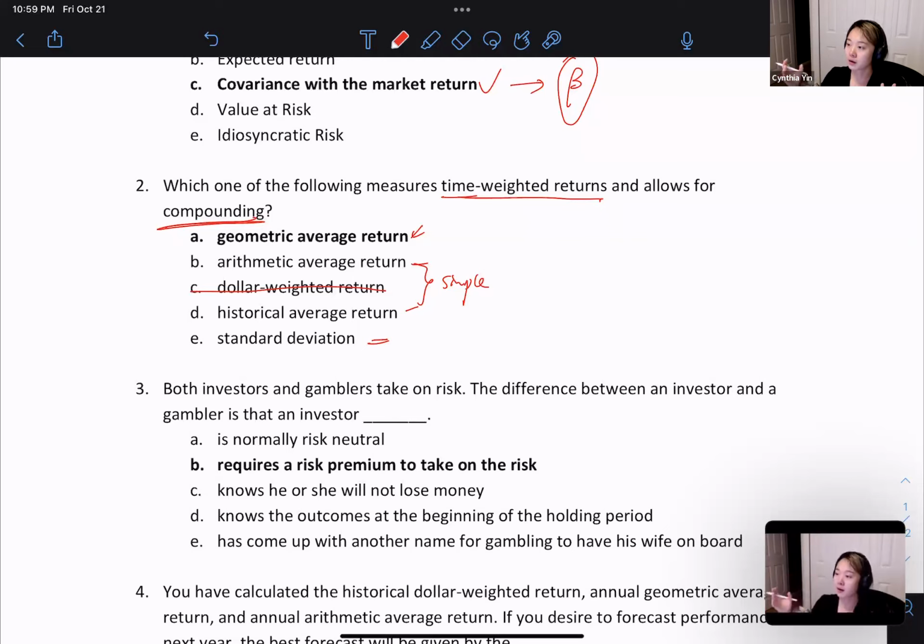Because of compounding, time plays a very important role here. Some people call it time weighted return, although I usually don't use this term, but this is how you understand why it's related to time: the power of compounding. Okay.